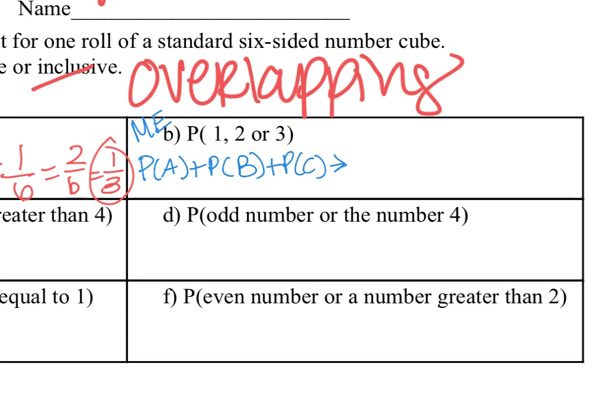The probability of getting a 1 is 1 out of 6. The probability of getting a 2 is 1 out of 6. And the probability of getting a 3 is 1 over 6, which adds to 3 over 6, which is 1/2. So the probability of rolling a 1, 2, or 3 on a 6-sided dice is 1/2.